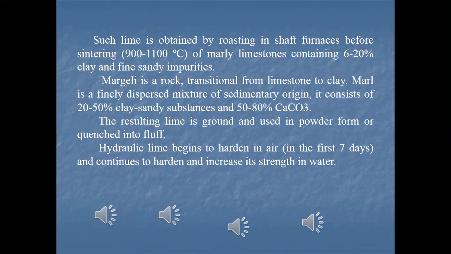Such lime is obtained by roasting in shaft furnaces before sintering, at 900-1100 degrees, of marly limestones containing 6-20% clay and fine sandy impurities. Marl is a rock transitional from limestone to clay.